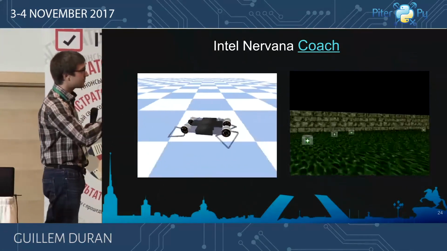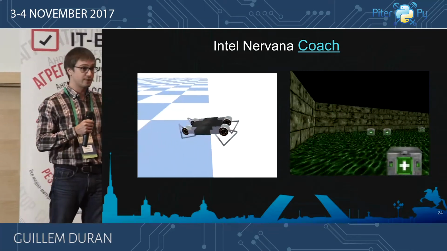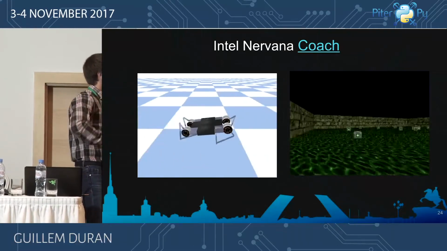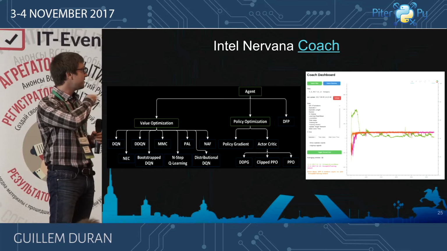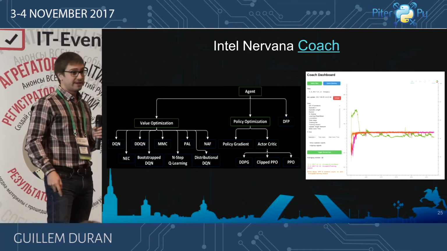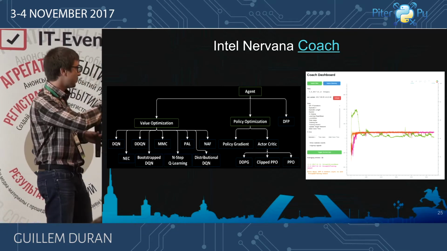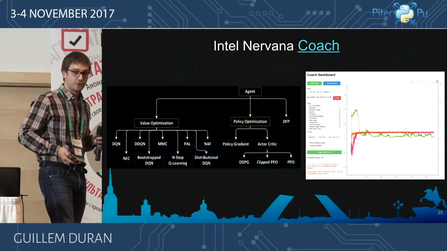Or you have a task which consists in picking up health packages in the video game Doom. But the coolest thing about Coach is that you also have a wide range of different algorithms available to test on the environments, and also a visual interface with dashboards that allow you to debug and see how your agents are performing.